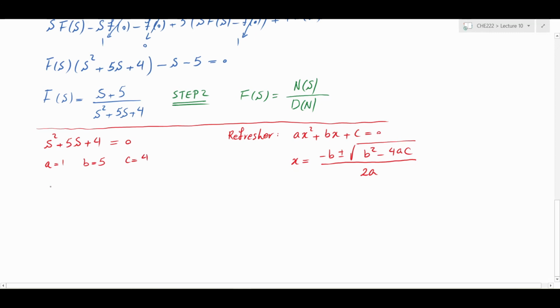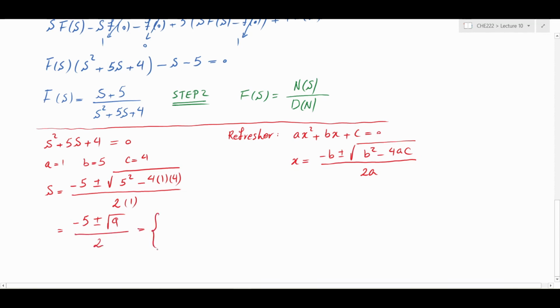So the roots of this equation will be s equals minus 5 plus or minus the square root of 5 to the power of 2 minus 4 times 1 times 4, divided by 2 times 1. And if I simplify this, it will be minus 5 plus or minus, within the square root we have 25 minus 16, which is 9, divided by 2.